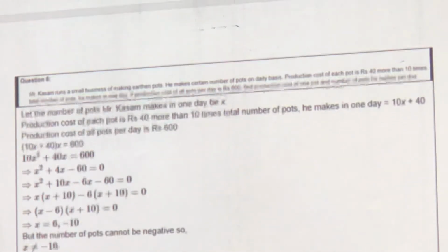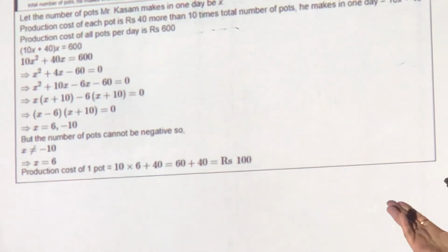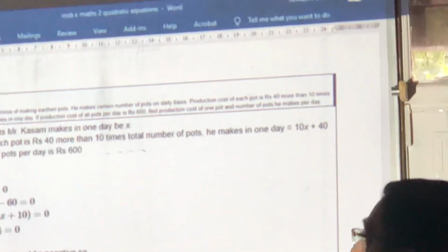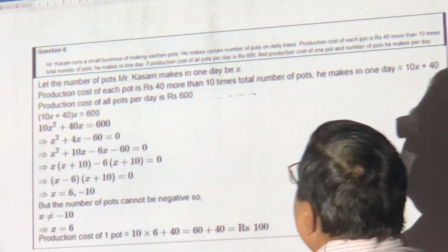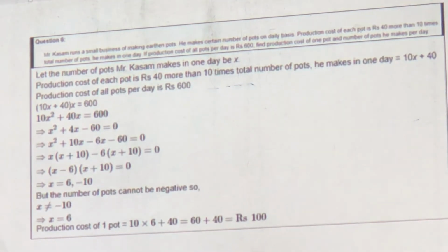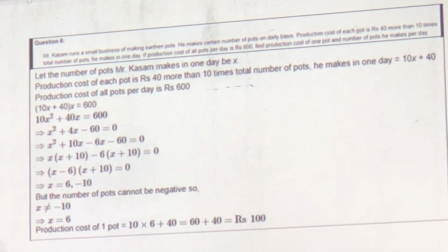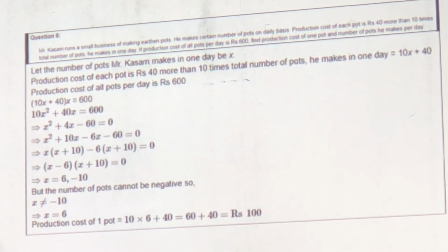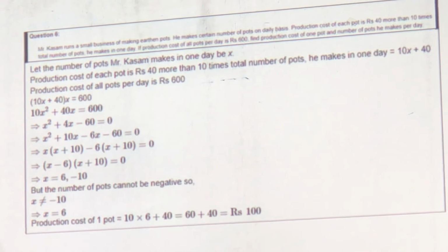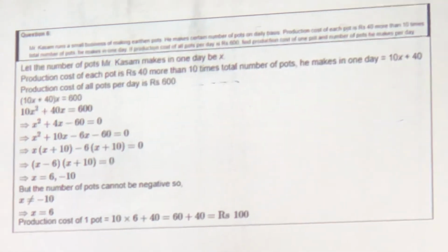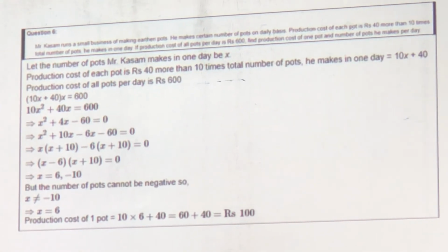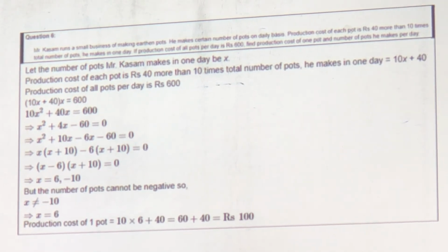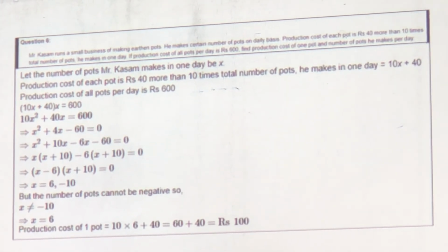Let's look at these. They are supposed to be difficult, but I find them so easy when I put them in a systematic manner. Kasam makes certain pots on a daily basis. Production cost is 40 more than 10 times the number of pots he makes in one day. If production cost is 600 in one day, find how much one pot will cost and the number of pots he will make.